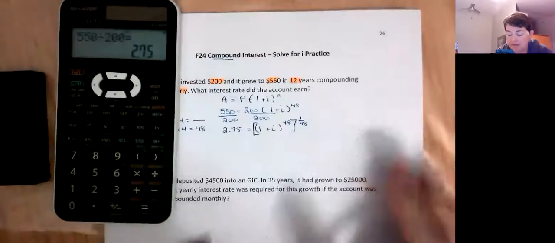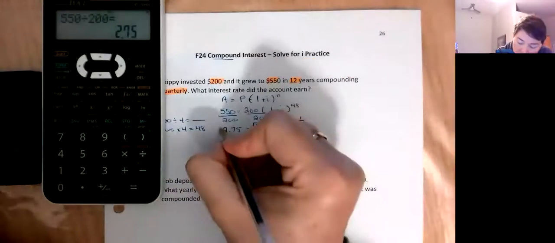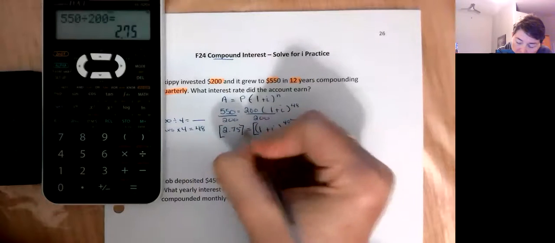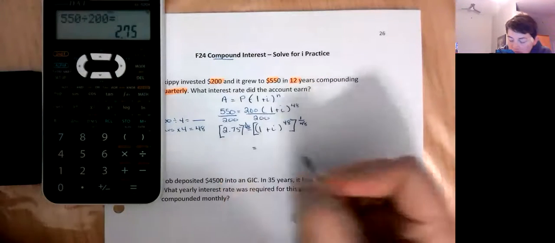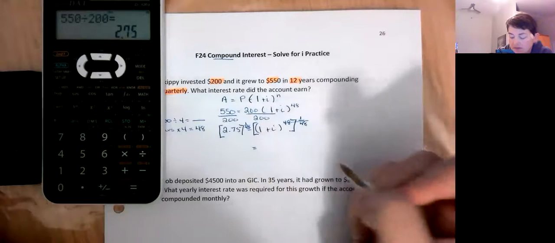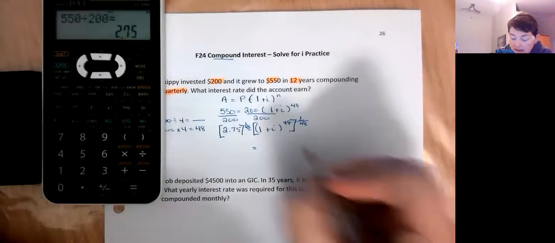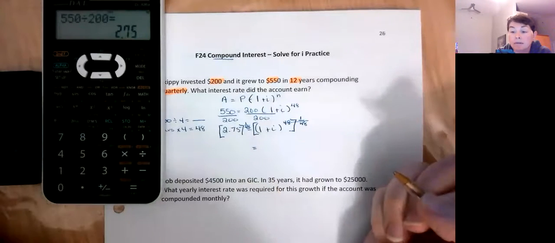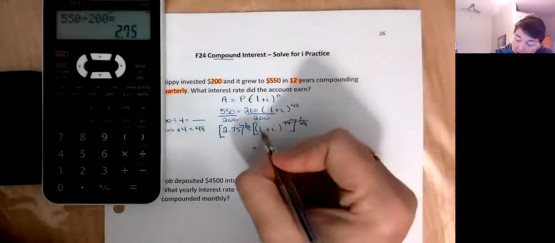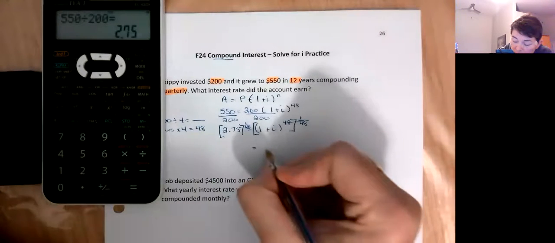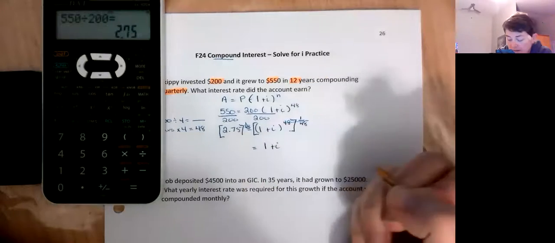Whatever we do to this side, we have to do exactly the same thing to this side, 1 over 48. So when that happens, this stuff disappears. That's the point of using this reciprocal, right? 1 over, that's the word reciprocal. It gets rid of the bracket, gets rid of our exponents. We're going to get 1 + i.